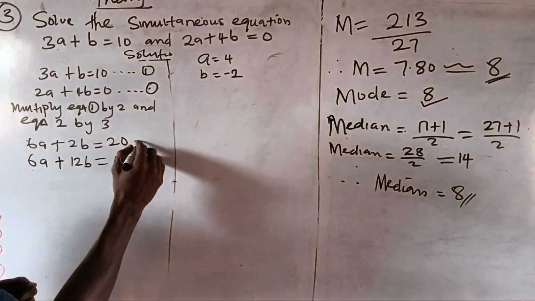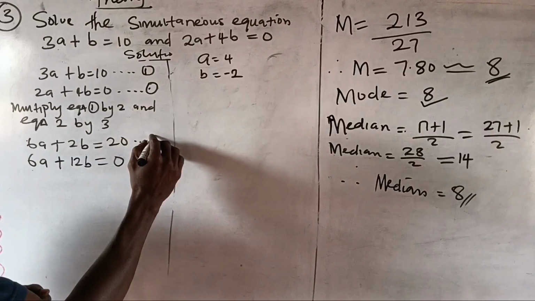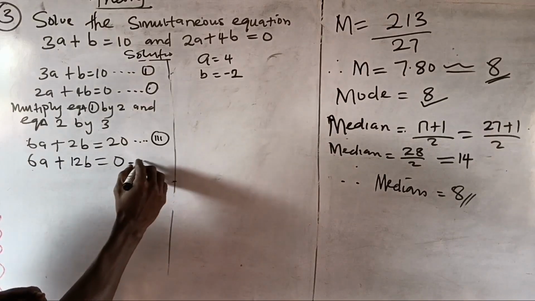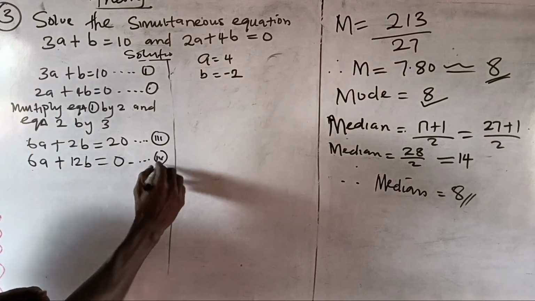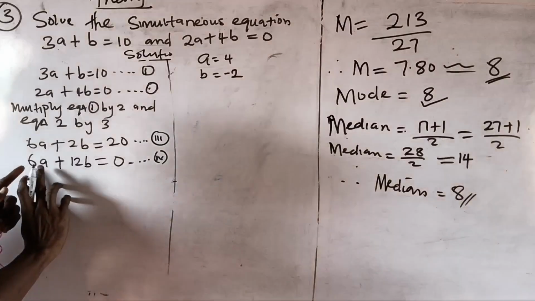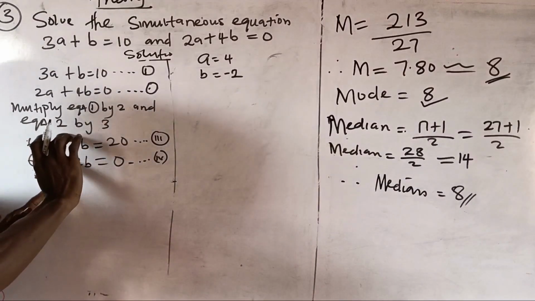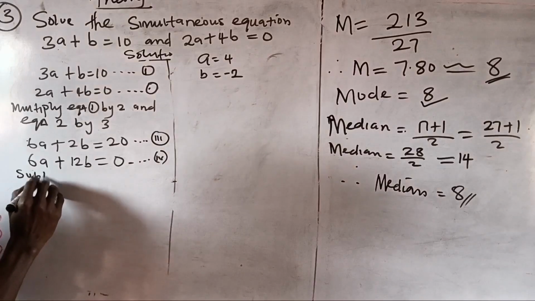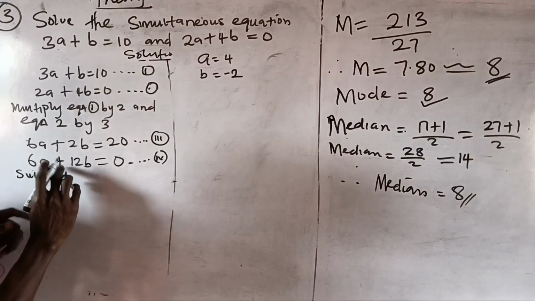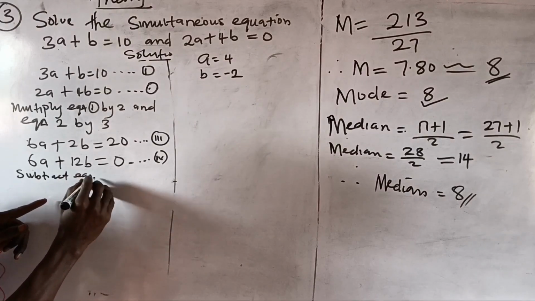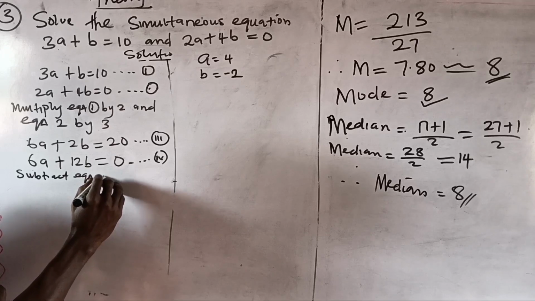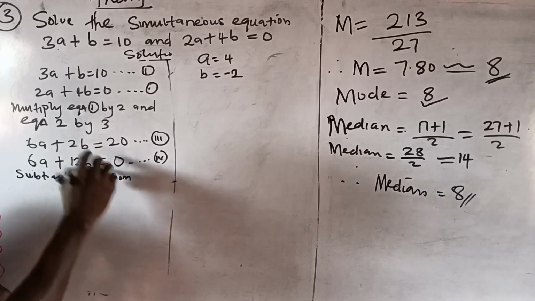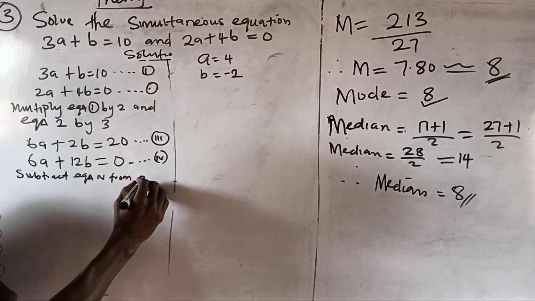Now let's make this equation to be equation 3, while this equation is equation 4. So we are going to subtract equation 4 from equation 3.